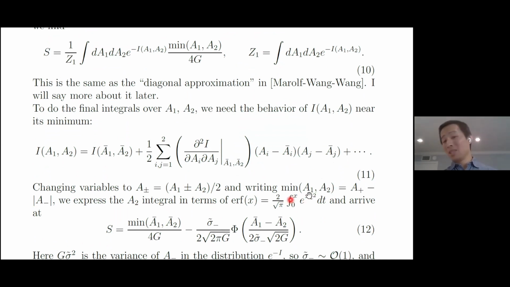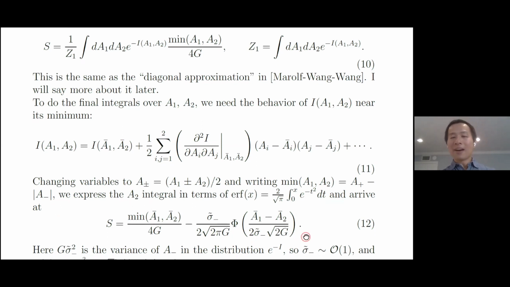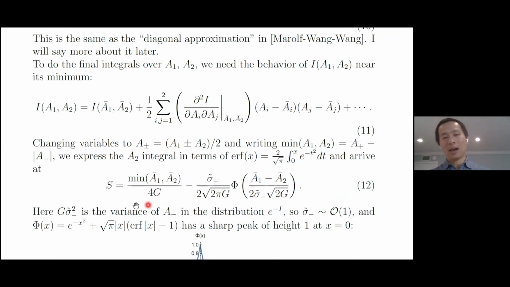We can write the minimum of A1, A2 as A plus minus the absolute value of A minus. I'm sorry for the typo, which I mean that we can then express the A minus integral, not the A2 integral, in terms of an error function because of the absolute value. And the final result is simply the following.